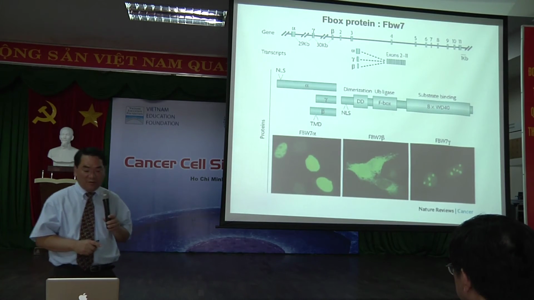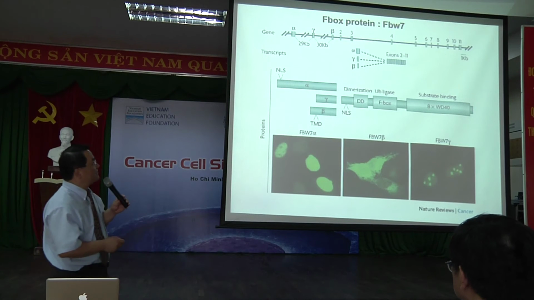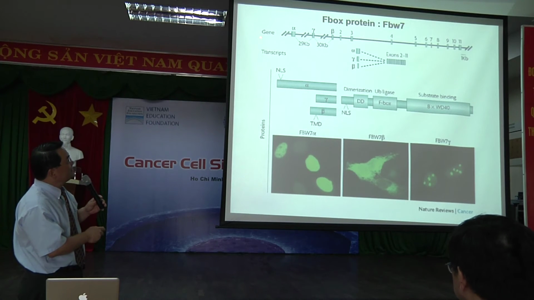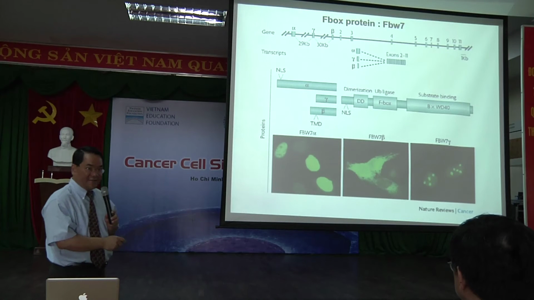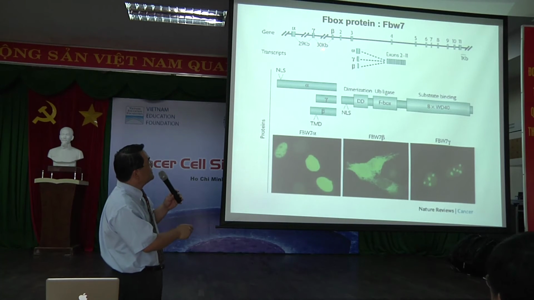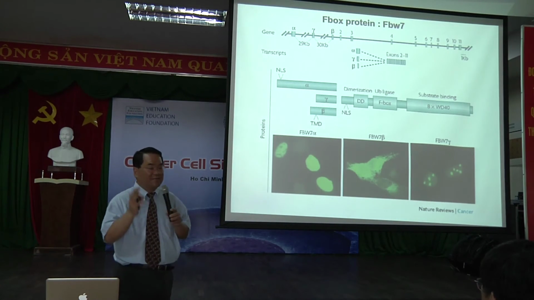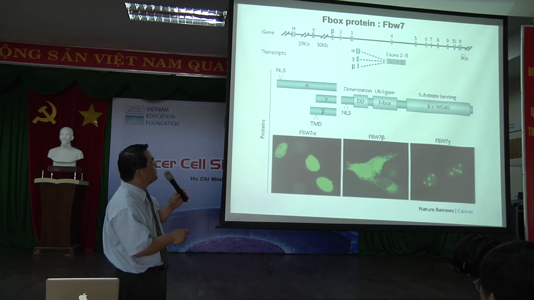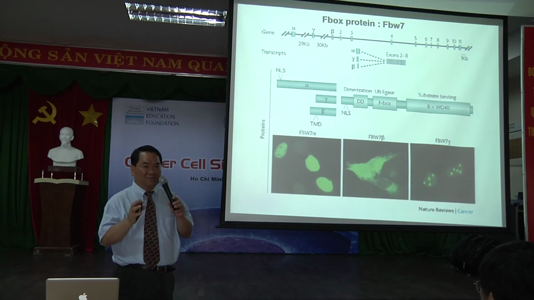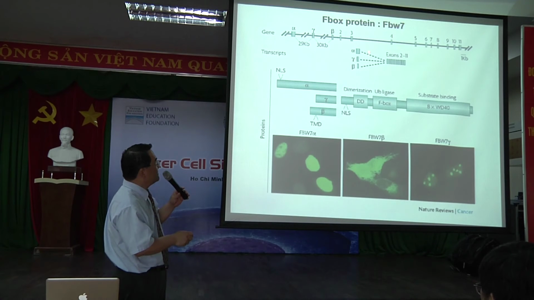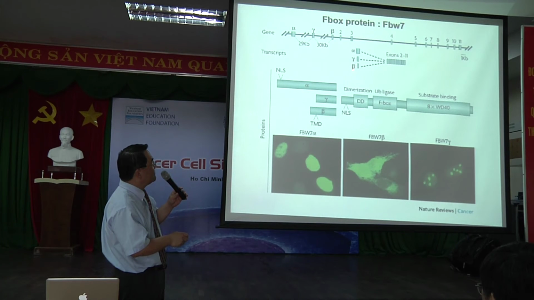Let's take a look at the F-box protein FBW7. This is the gene structure of FBW7. FBW7 actually has three different isoforms due to different gene splicing events. They make an alpha form, a beta form, or a gamma form.